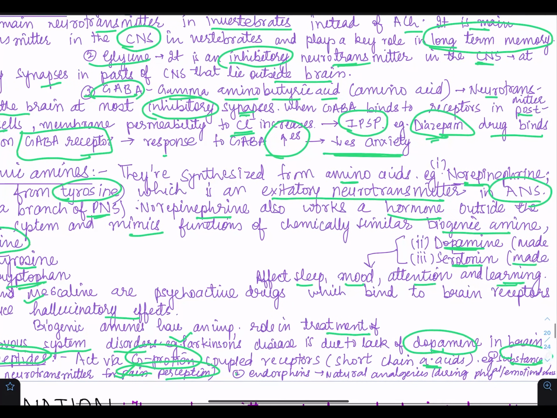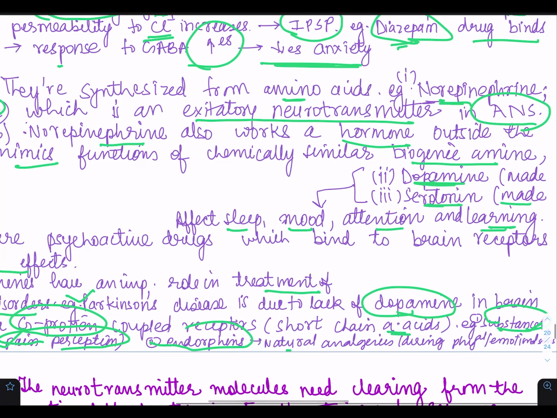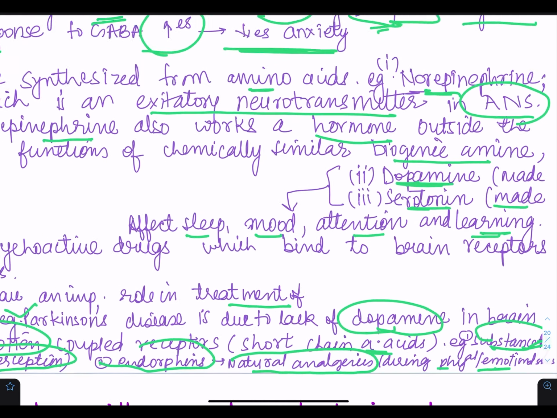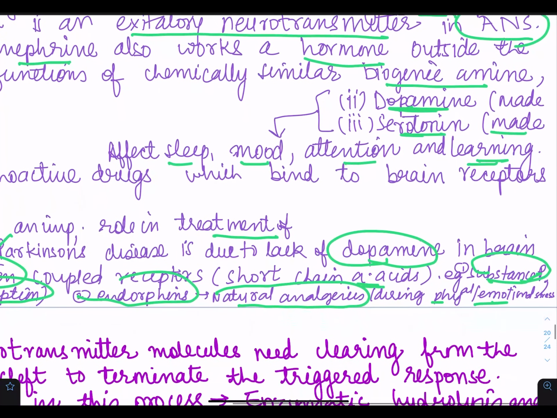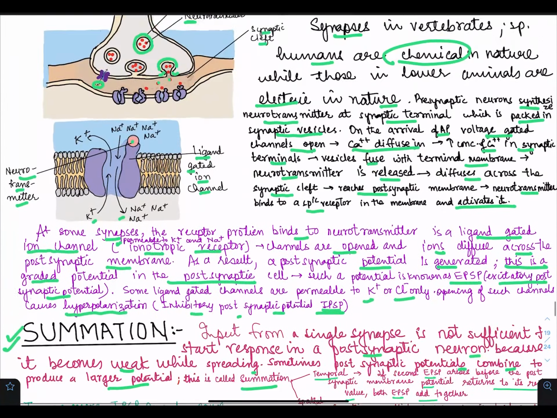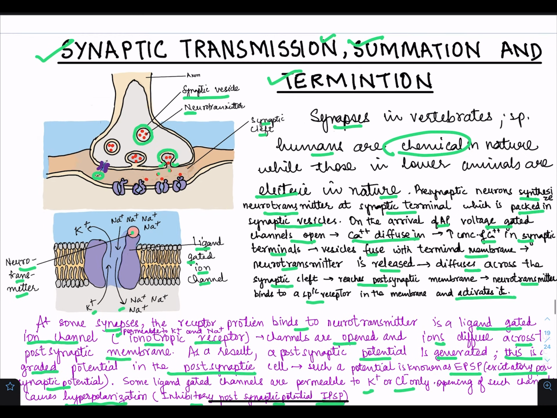Second is endorphins. Endorphins are natural analgesics, and they are released during physical and emotional stress. Okay, so this was all about synaptic transmission, summation, and termination.